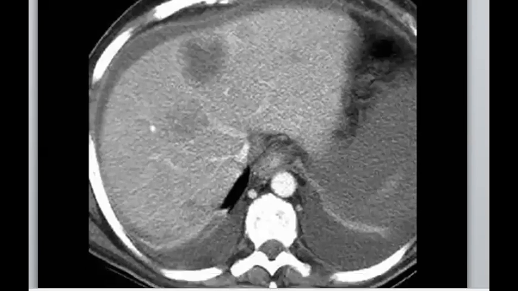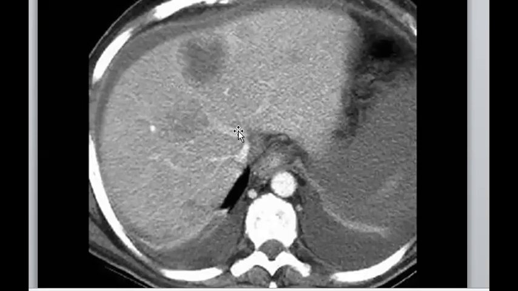Let's continue. So there we have this appearance. Then you will mention the differential. When you have a background of healthy liver, it is metastases until proved otherwise.